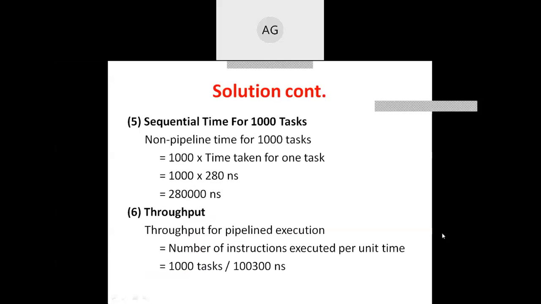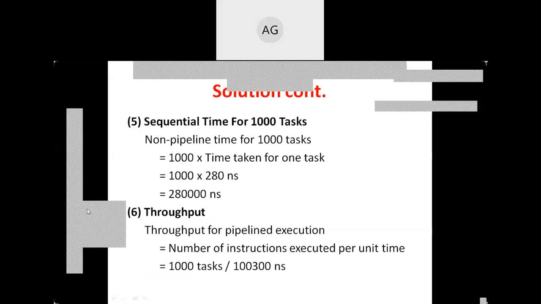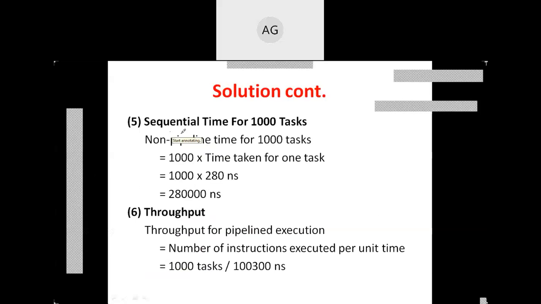So this is the fourth part of the question. Now these are the last two parts, the fifth and the sixth part. Now the sequential time for the 1,000 tasks means here we are not using the pipeline concept. So non-pipeline time for the 1,000 tasks, remember the formula. We have the formula as n into k. So here in place of n we have 1,000, then the time taken for one task.